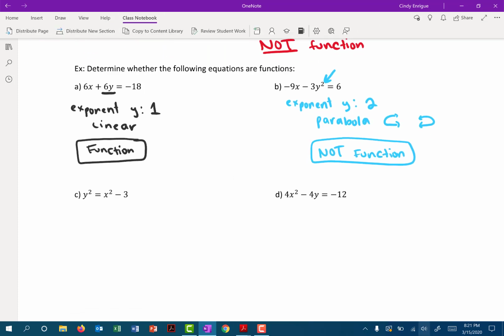Well, when I look at this one, again, the exponent on y is 2. It's going to be one of those parabolas, or actually it's x squared and y squared. So this is actually going to be a circle of sorts. But either way, just think about it as the exponent. Therefore, it is not a function.